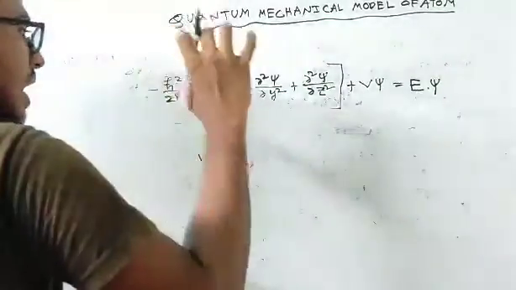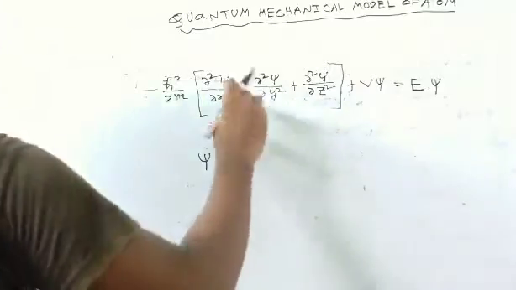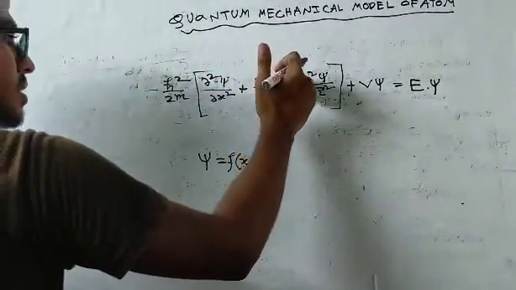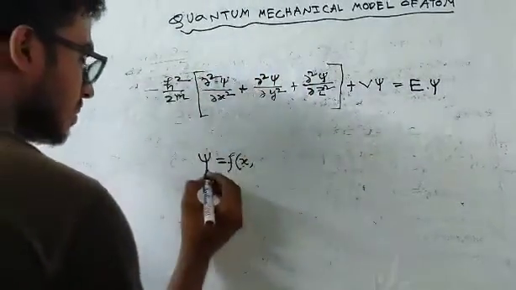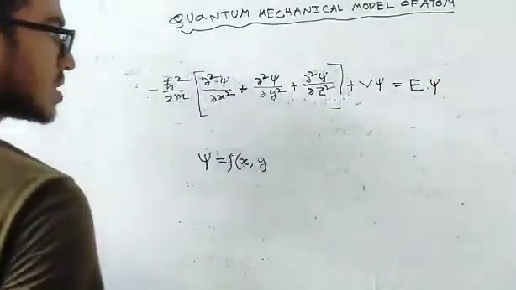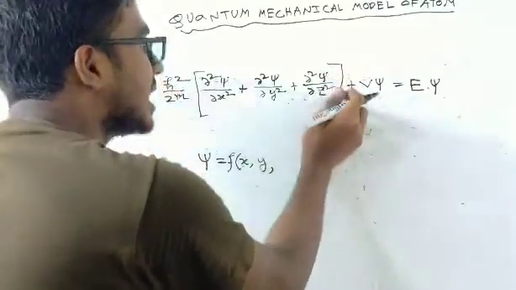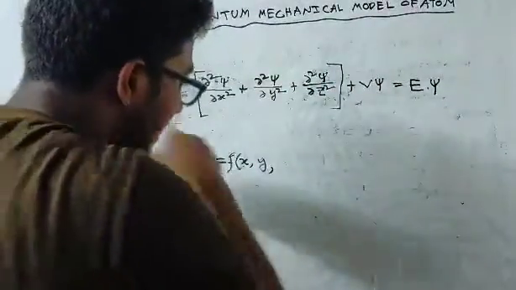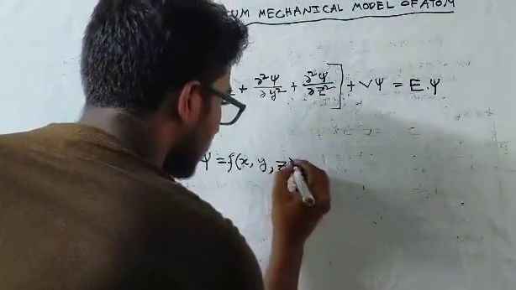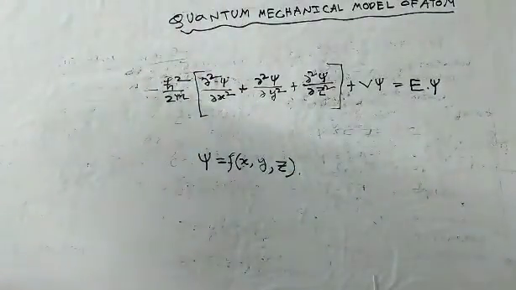I am not stopping here: I am again doing the derivative on psi with respect to y, so psi will also be a function of y, and with respect to z, so psi should also be a function of z.